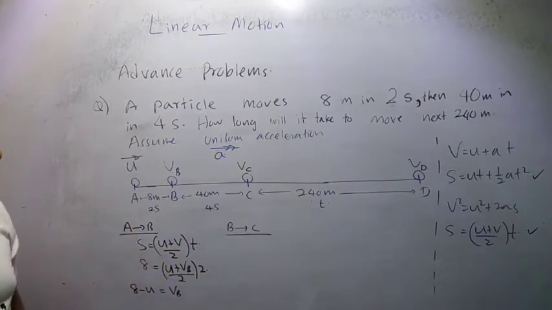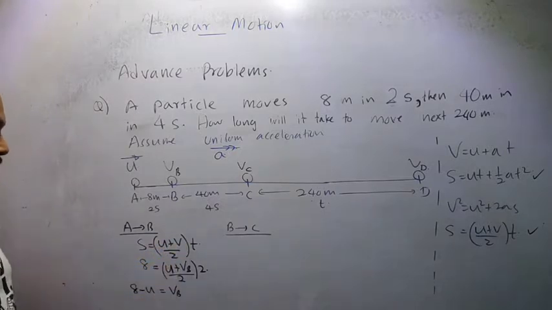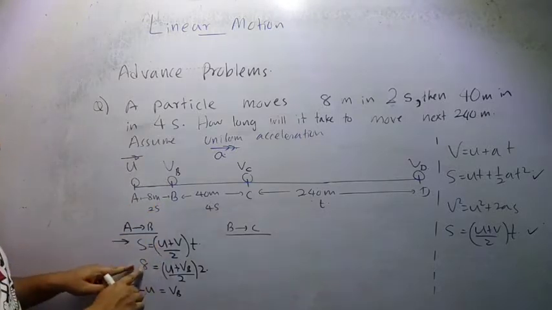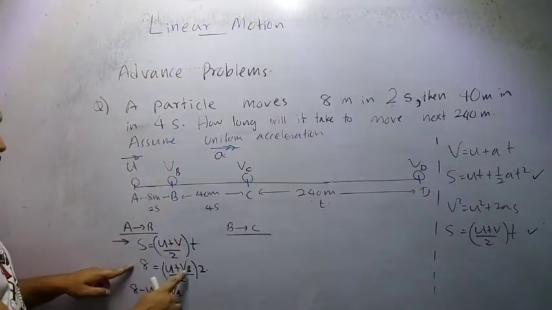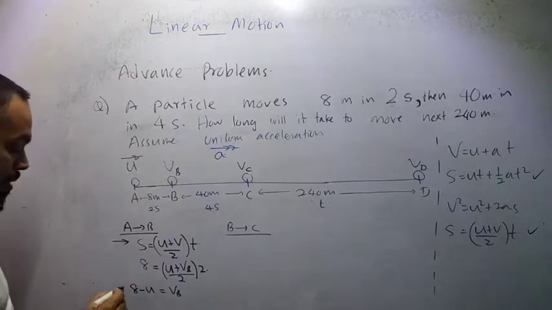Then A to B motion like that, S equal U plus V by 2 times T. So in this direction, S is 8 meters, U plus VB divided by 2 into 2, right? 2 cancel out, U plus VB equal 8, VB is therefore 8 minus U, right? This is our first equation.